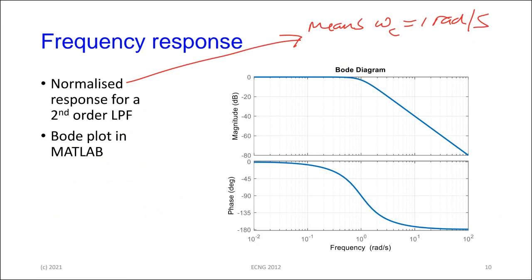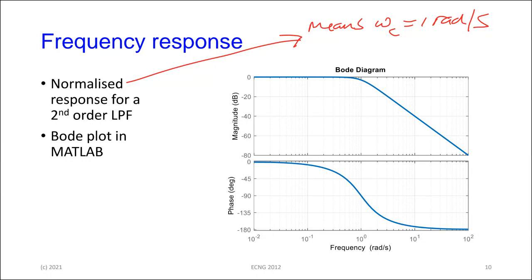So if you were to actually generate one, here's one that is called a normalized second order low pass filter. Normalized means that the cutoff frequency is set to 1 radian per second, as we said, on the usual log scale. Look at the passband, it is very flat. The cutoff frequency is 10 to the 0, which is 1 radian per second. And notice what happens to the phase of the filter.